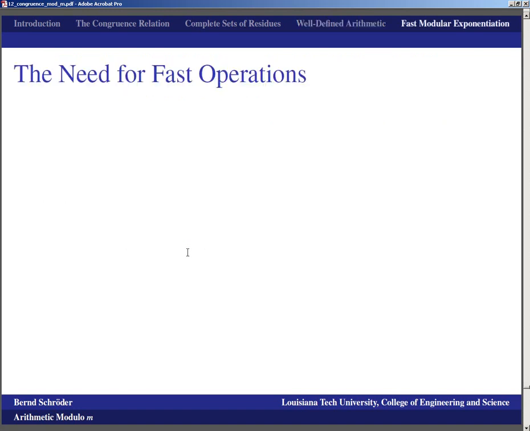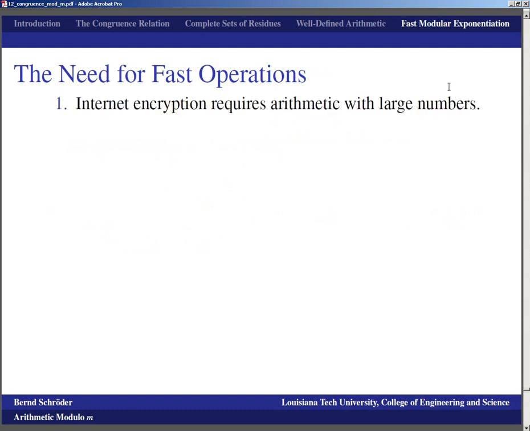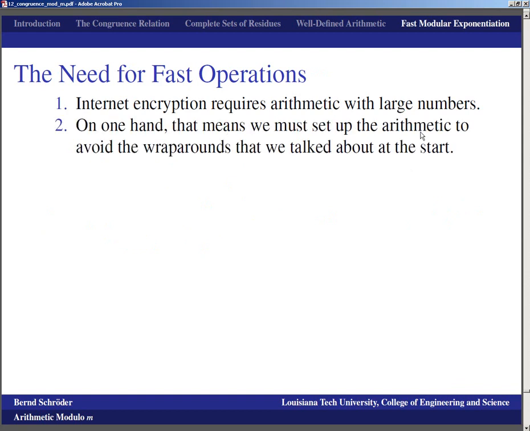And now we're going to talk quickly about fast modular exponentiation. And well, the need for fast operations is founded in the fact that, for example, internet encryption requires arithmetic with large numbers. And so on one hand, we must set up the arithmetic to avoid the wraparounds that we talked about at the start, right? I mean, right now, as it stands, never mind fast, we'd like to just have some arithmetic that's accurate.